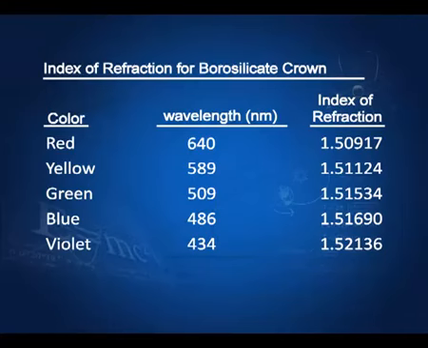Look at this table. This table has the colors red, yellow, green, blue and violet, wavelengths 640 nanometers, 589, 509 etc., and this is the index of refraction. You can see that the index of refraction increases as we go from red to violet.